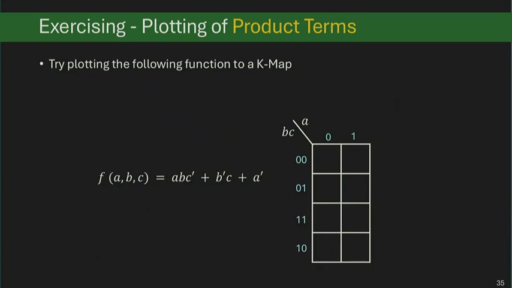Let's do this together. I'm going to start with some of the larger implicants, the larger product terms. A prime corresponds to the condition of A equals 0, and whenever A equals 0, the output will be 1 for this Boolean function. 0 complemented becomes a 1, and 1 or anything gives you a 1.